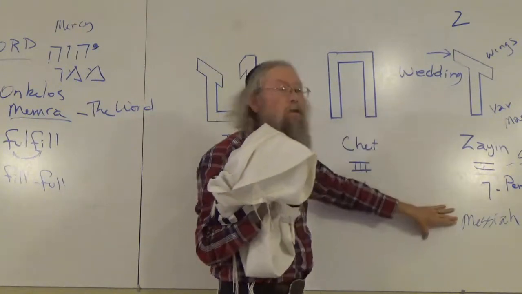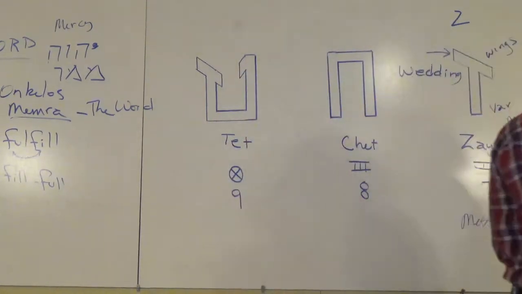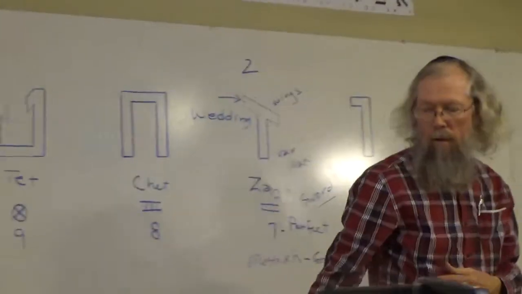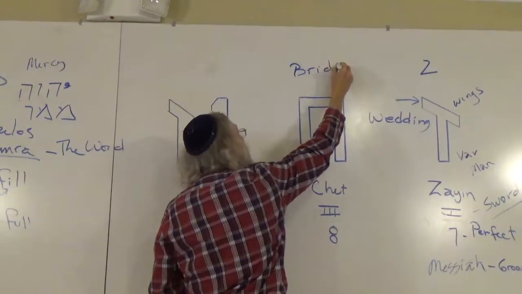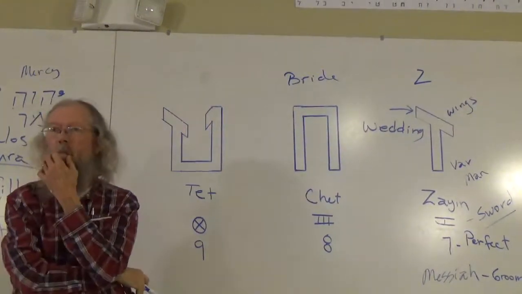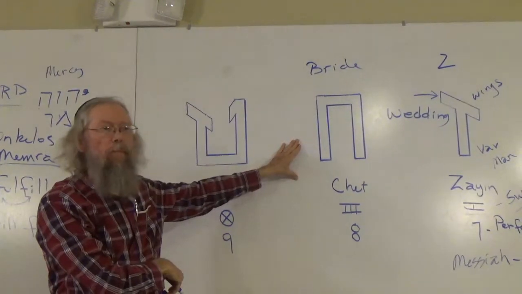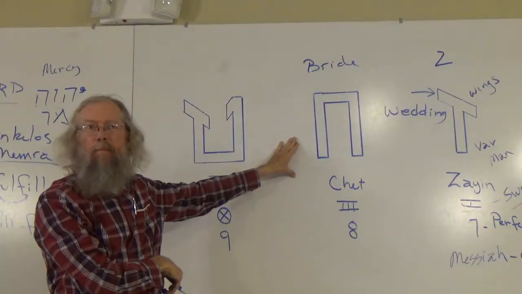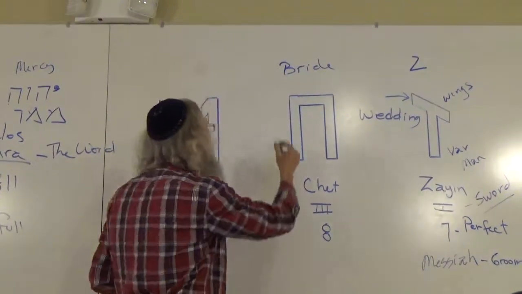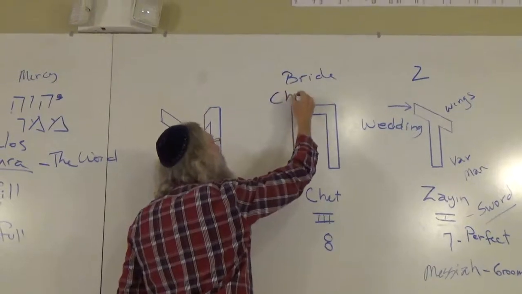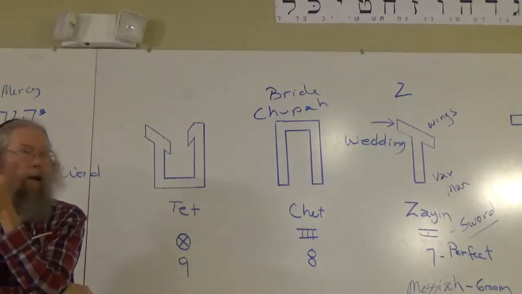And so this is the Messiah. He's the groom. So where's the bride? Here's the bride. Chet is the bride. The chet is the chuppah. So isn't it amazing that you spell chuppah with a chet?